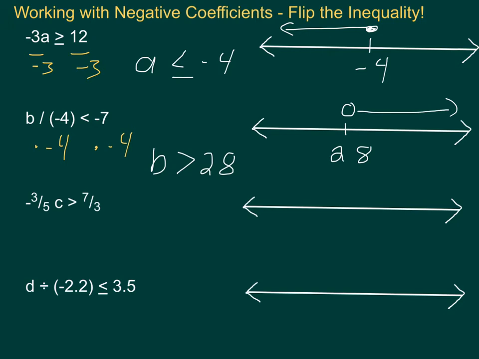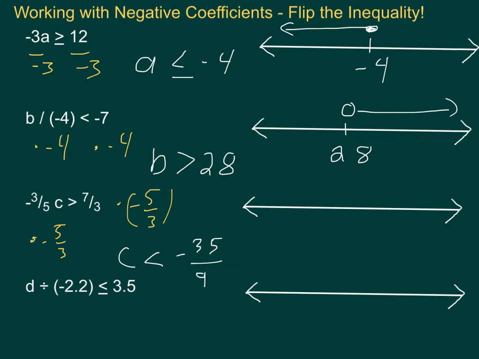All right, another example with fractions. Once again, I'm going to multiply by the reciprocal of the fraction, so I'm going to multiply by negative 5/3, and I'll write that right over here. So that'll leave me with c. I multiplied each side by a negative, so I flip the inequality once again. And then negative 5 times 7 is negative 35, and 3 times 3 is 9.